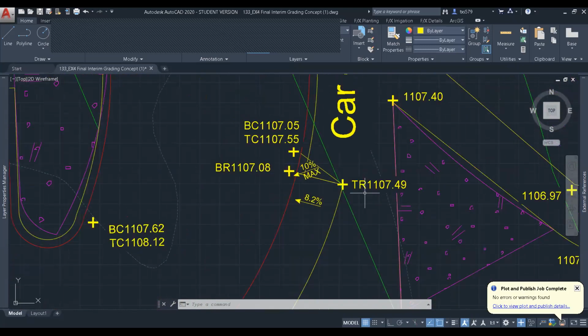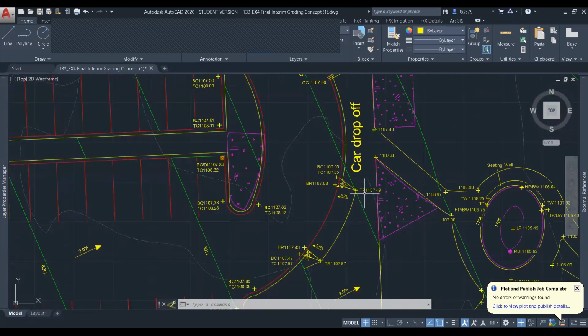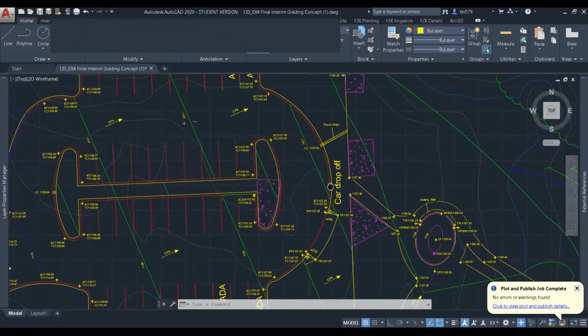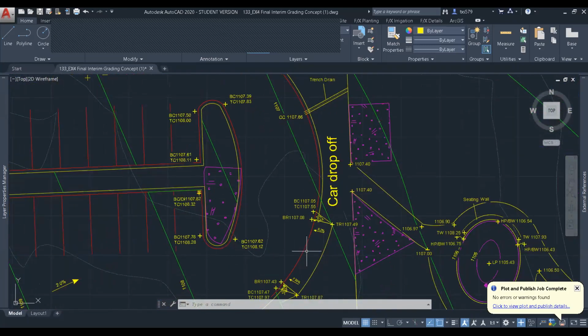If you zoom back out, that's contour 107, and that contour is in the parking lot. You should use the contour that's on top of the plaza. It's on the plaza.